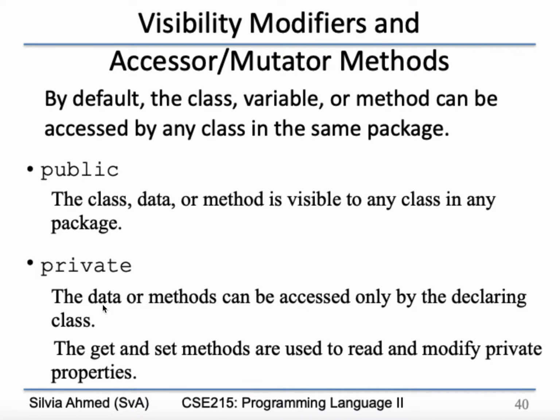When we declare a data or method as private, it means that data or that method can be accessed only in that particular class, not outside that class. If we want to access some private data, we can have a public get method or public set method to read that data or to modify that private property.